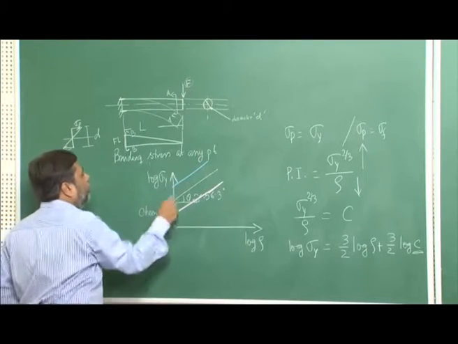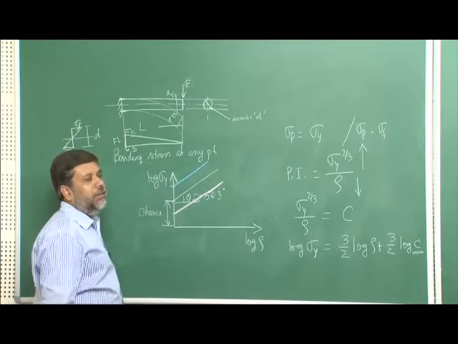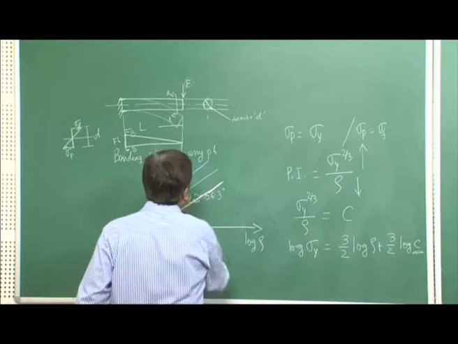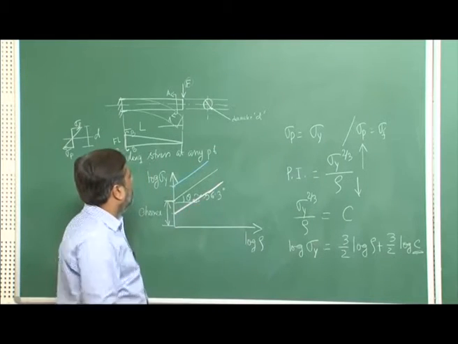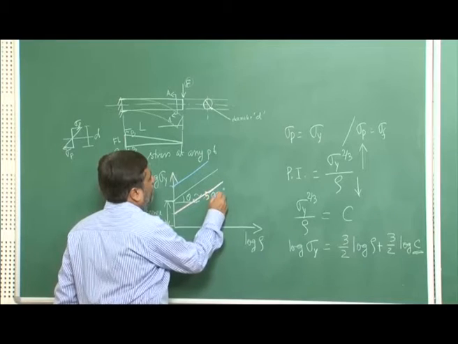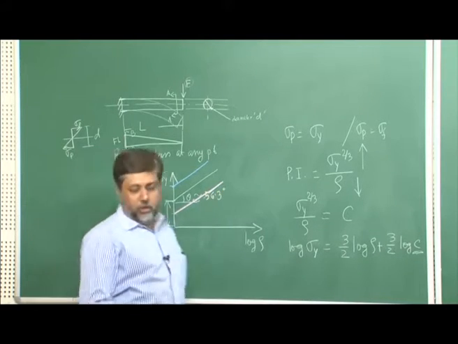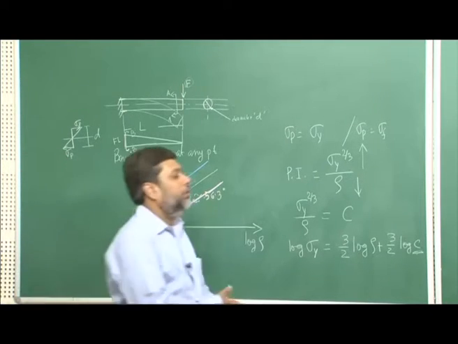No matter whatever you do, that change will be here, but the slope of the line is going to be parallel, and that slope is determined by this relationship which says that that slope has to be 56.3 degree. Okay.